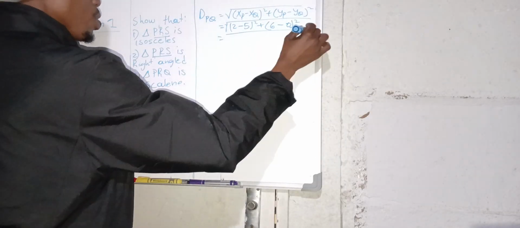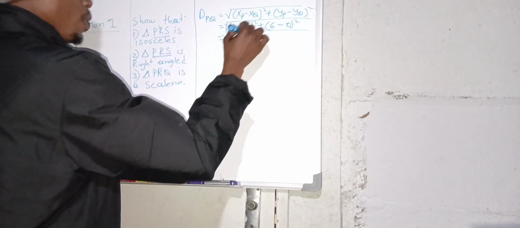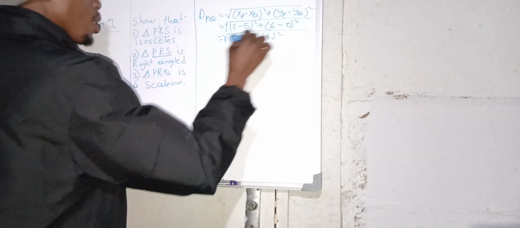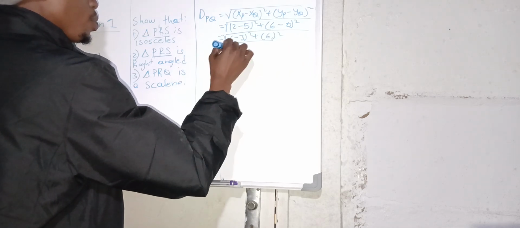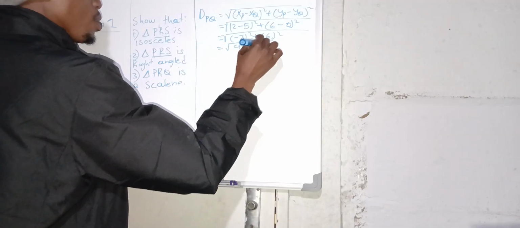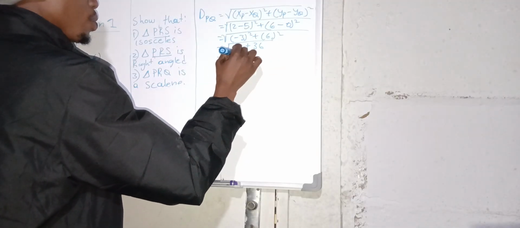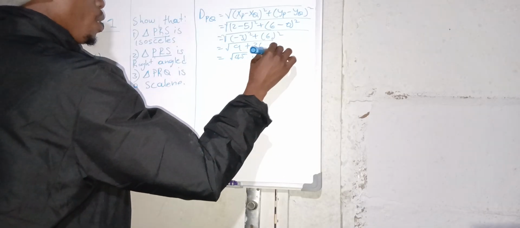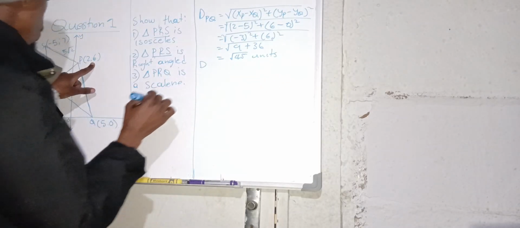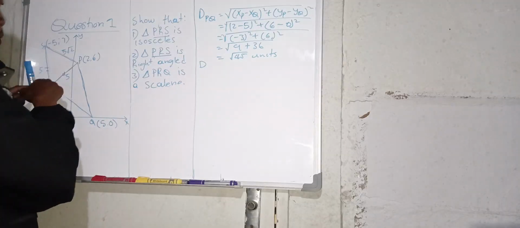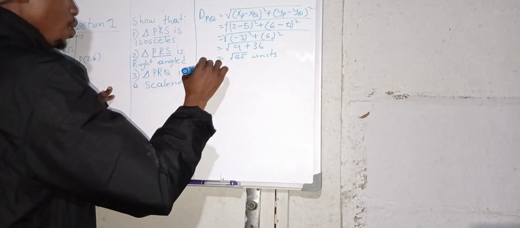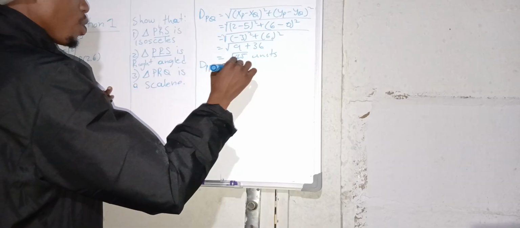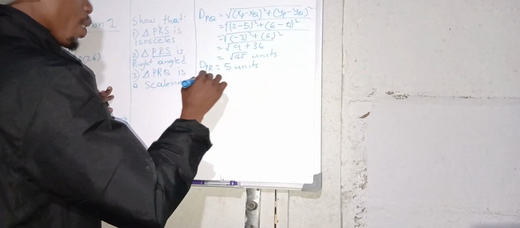This is going to be negative 3 squared plus 6 squared, which is 9 plus 36, giving the square root of 45 units. And then the distance of PR, we already found on top that it is 5 units. So we don't need to overwork ourselves.